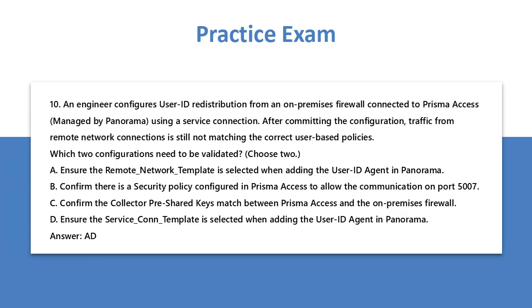B. Confirm there is a security policy configured in Prisma Access to allow the communication on port 5007. C. Confirm the collector pre-shared keys match between Prisma Access and the on-premises firewall. D. Ensure the service_con_ template is selected when adding the user ID agent in Panorama. Answer: AD.